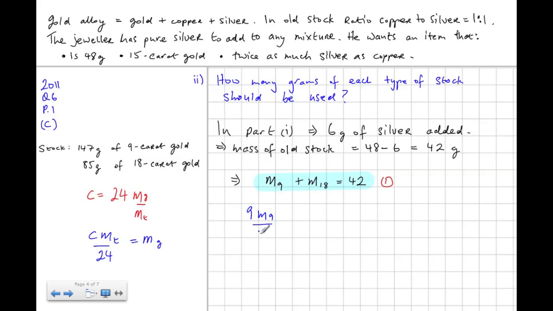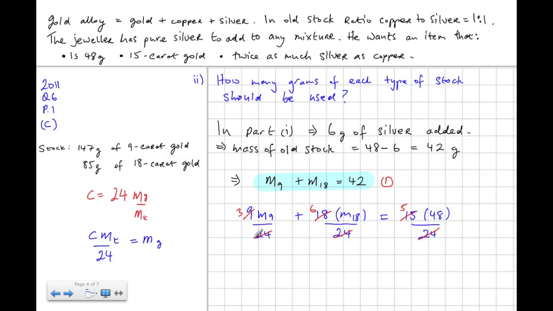The second equation again involves, like in part B, the mass of gold being used. So the mass of gold that comes from the 9 carat plus the mass of gold that comes from the 18 carat must be equal to the mass of gold that's in this 15 carat. So using this formula coming from the blue formula here, we just neaten this up.